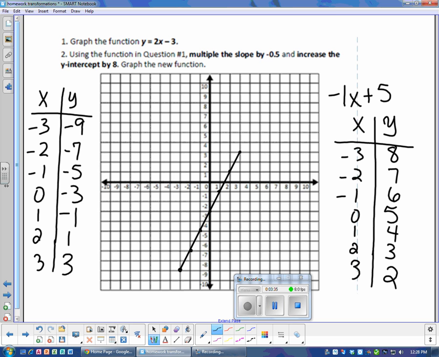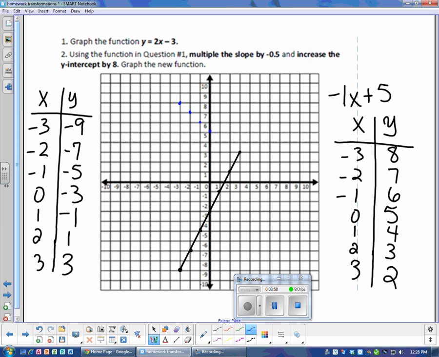So now I have my points, and I can graph these. I'm going to use a different color so you can see. At -3, it is 8. At -2, it's 7. At -1, it's 6. At 0, it's 5.